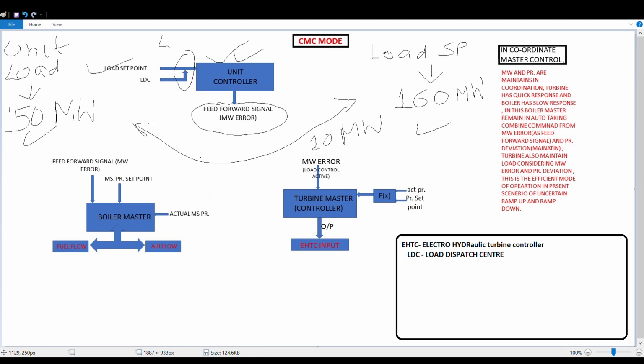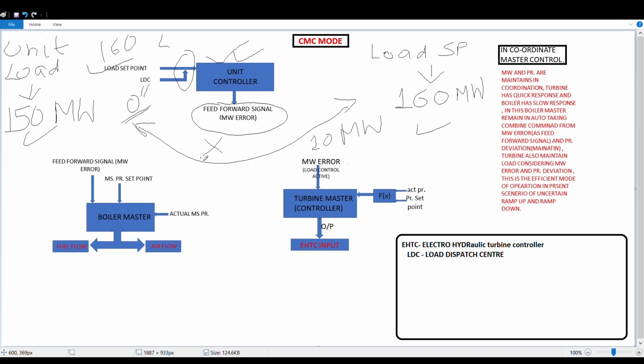How will the phenomenon go? The unit controller will get a load set point of 160 megawatt, and getting that input, the unit controller will generate some output, suppose an X output. It will give a command to the turbine master also.